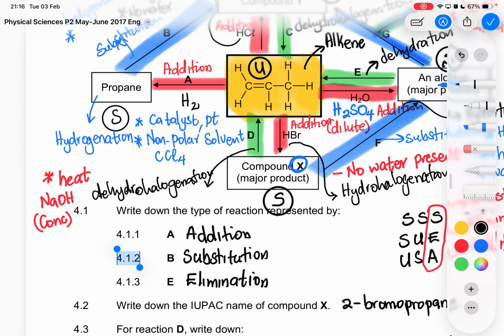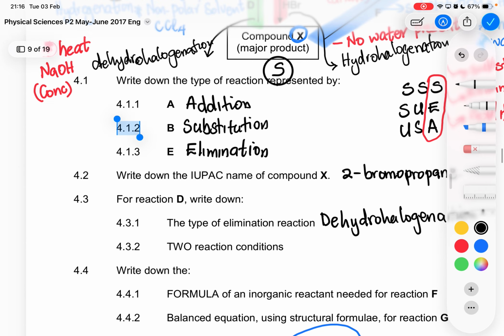What are the 2 reaction conditions that are needed for dehydrohalogenation? Talk to me there.